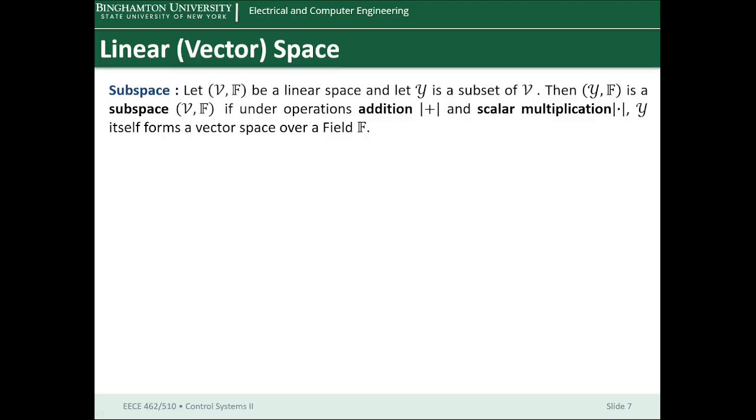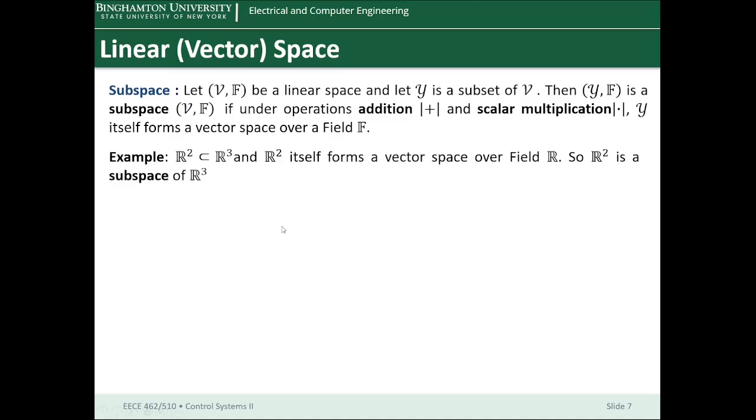A subset Y of V is called a subspace if, together with the same operations of addition and scalar multiplication, it is itself a vector space over F. For example, R2 can be seen as a subspace of R3 because R2 is a subset of R3 and it forms a vector space over field R. So R2 is a subspace of R3. And R3 is also a subspace of R4.